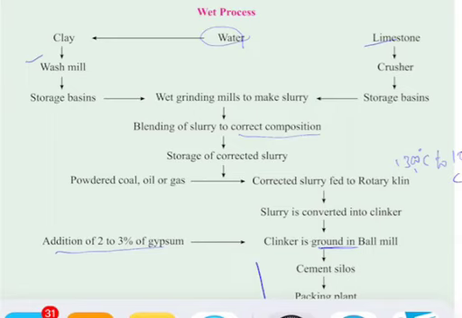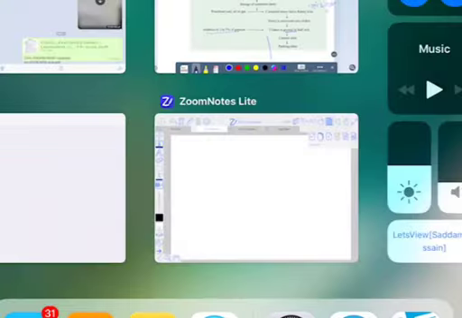So the next thing is the dry process. Again here the same procedure is applied. The raw materials are crushed. The first step is the raw material, which is again clay and limestone.